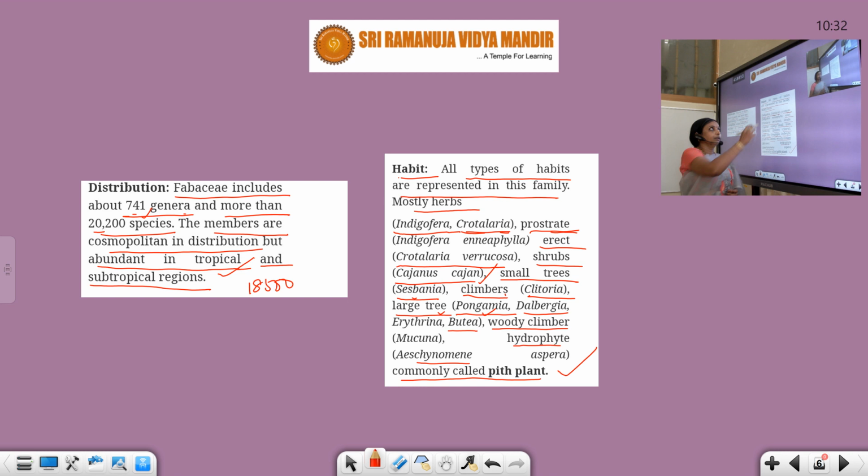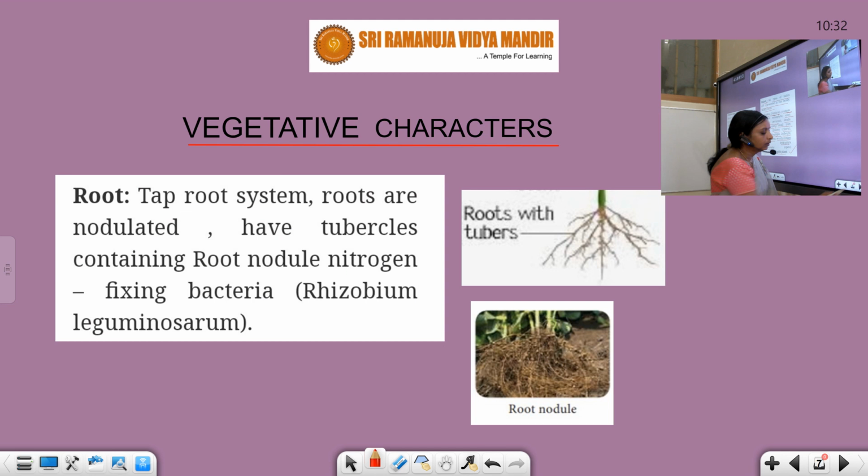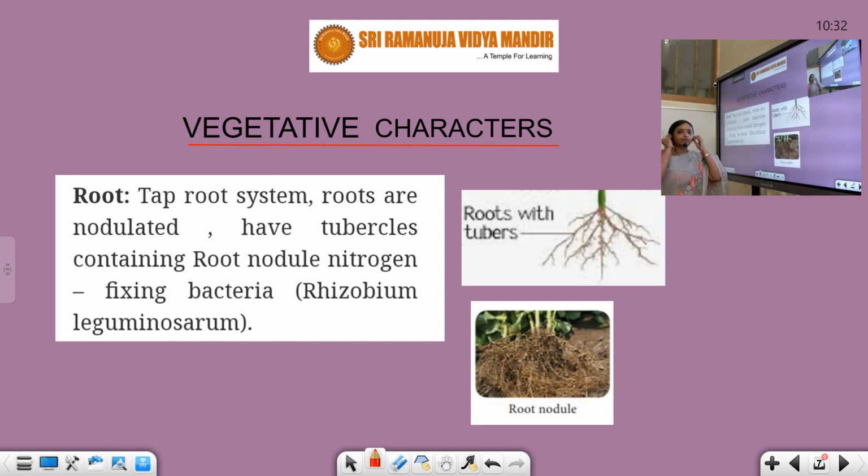Now let's see the vegetative characters. When you are going to describe the vegetative characters, first you have to start from the root. How is the root? In the systematic position, we have seen that it comes under class dicot, because the root system is a taproot system.